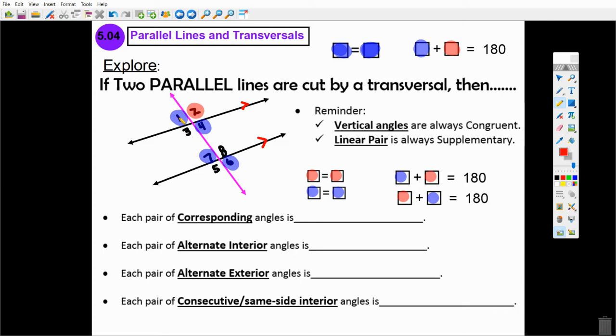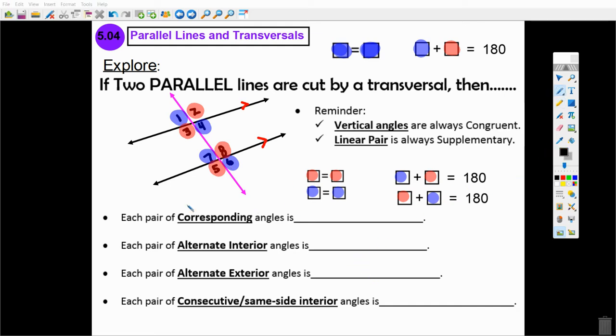And 1 has to be blue and 3 has to be red in order to make a line. In order to be a line here with 7 and 8, 1 has to be 8, because remember, the two different colors add up to 180. And again, 8 is vertical to 5, so we know that those are congruent.